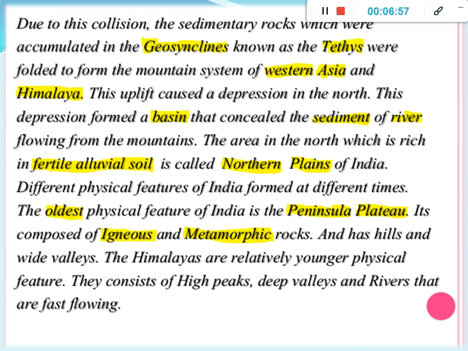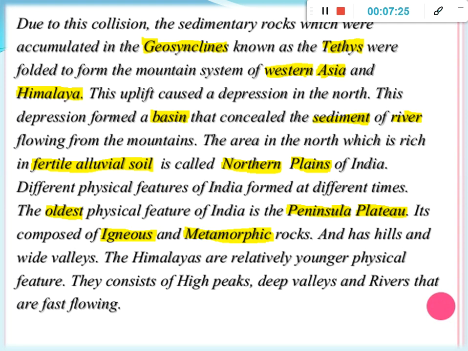And there will be the sedimentary rocks, accumulating in the geosyncline known as Tethys, which became the fold mountains of Western Asia and the Himalayas. And by the uplift of this, they become higher and higher.